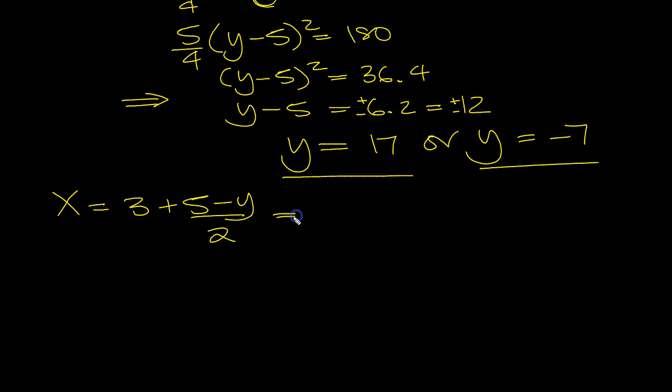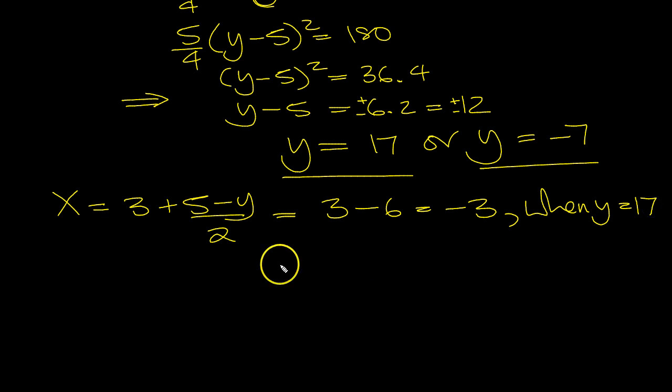So that's equal to, put 17 in then, 3, 5 minus 17 is minus 12, minus 12 over 2 is minus 6, equals minus 3, when y equals 17.